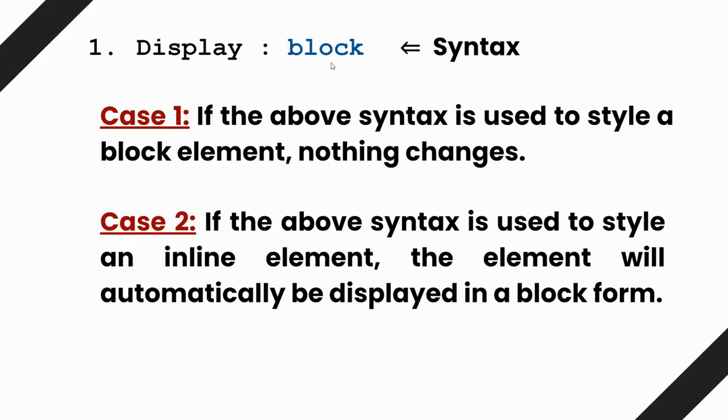That's because the block level element is already a block element. So defining the display to be block is basically you setting it to a value that it already holds. So that's what happens in the first case, and nothing changes.